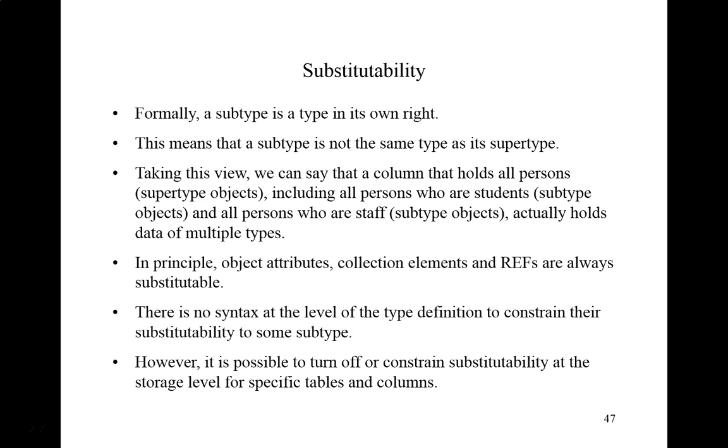There's no syntax at the level of the type definition to constrain substitutability to some subtype. However, it is possible to turn off or constrain substitutability at the storage level for specific columns or tables.